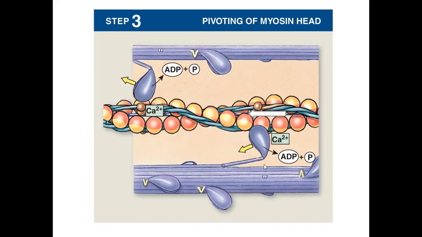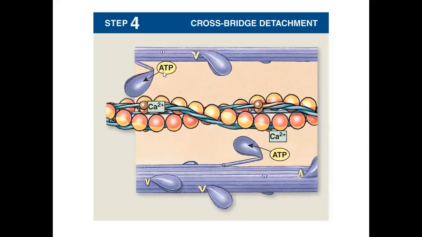ATP will come from the cytoplasm and attach to that pocket. The minute ATP attaches, it's a cue for the head to detach, to separate from the actin. So ATP from the sarcoplasm will bind, causing the myosin head to separate from the actin filament.